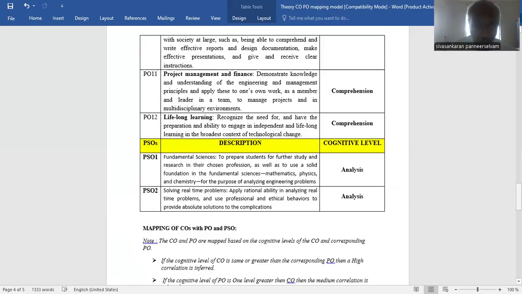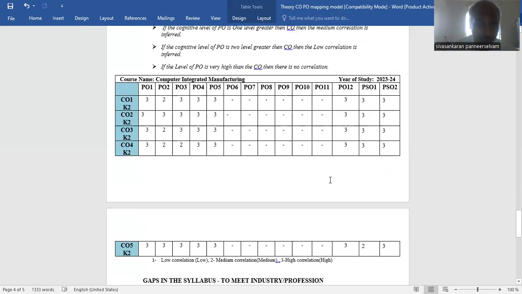Now let us see the mapping of CO3 with PO1. CO3 tells about fundamental product design knowledge like simultaneous engineering and reverse engineering. Using these methods, we can improve the efficiency of the product within a short span of time, so we can consider it a high correlation.